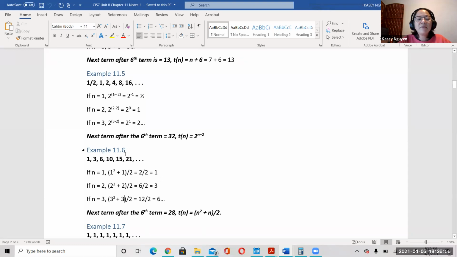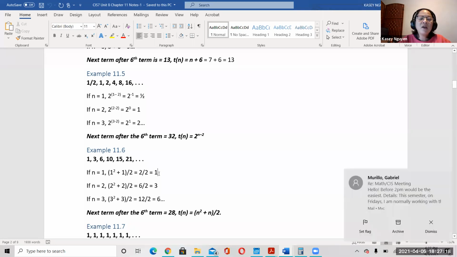In the example 16.6 or 11.6, you have 1, 3, 6, 10, 15, and 21. When n is equal to 1, you would have 1 squared plus 1, divided by 2, which gives you 2 divided by 2, which is 1.